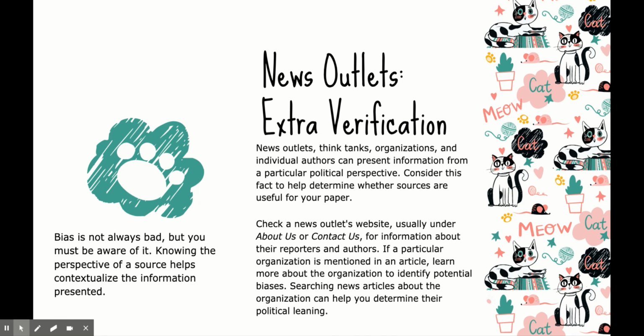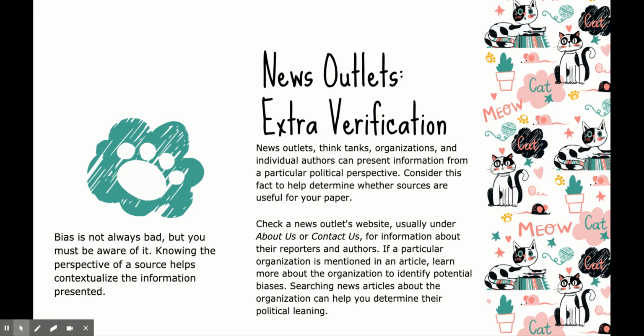Okay, so the most extreme example, right, is anything that you get from MSNBC is going to be more liberal news sources than things that you would get from Fox News. That's okay, as long as you acknowledge it, and as long as you realize that bias exists, specifically in news.